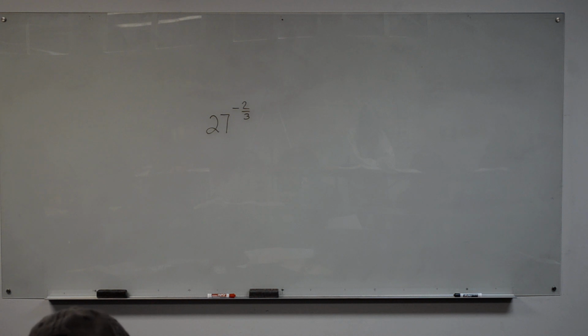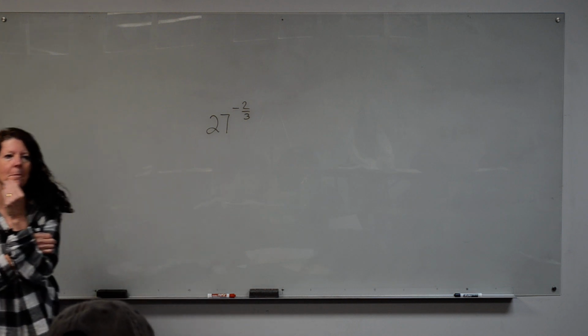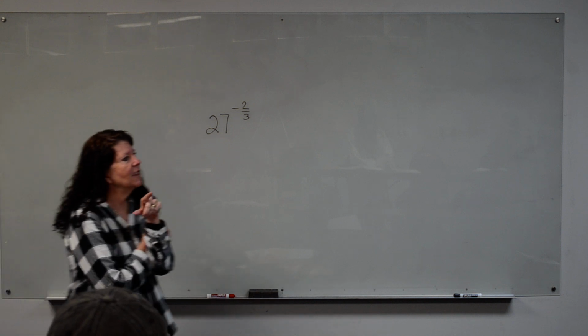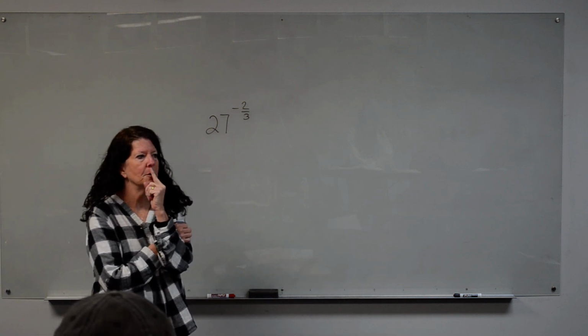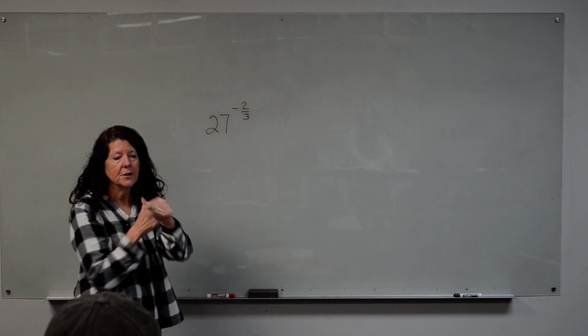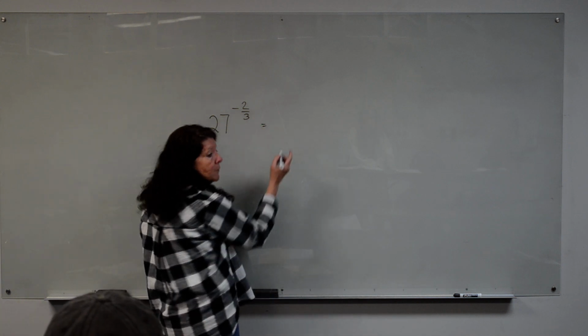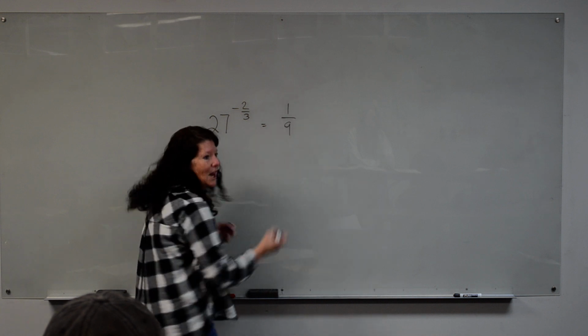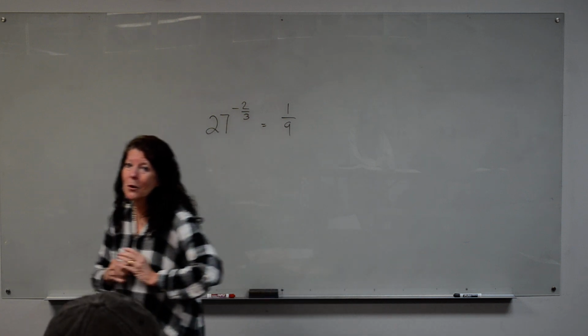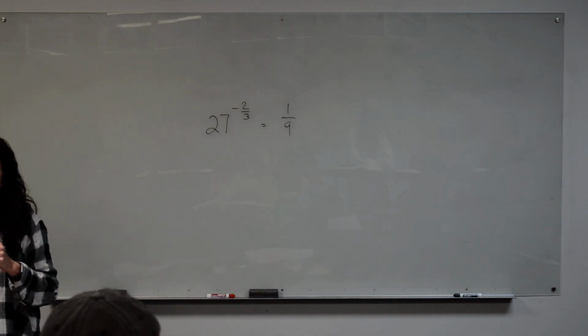Colin smartly picked up his calculator to see if he could do it on his calculator first. He got a decimal value, but then he thought, I wonder if that decimal value converts to a fraction, because that negative takes it to the bottom, so you know you're going to have a fraction. So when he did it on his calculator and converted it back to the fraction, he got 1/9. That's work smarter, not harder. Always try with your calculator first.